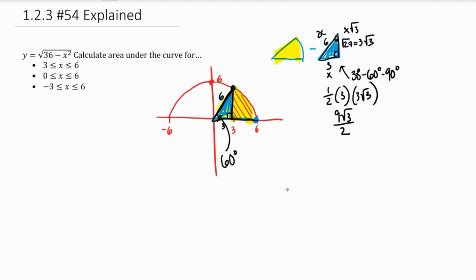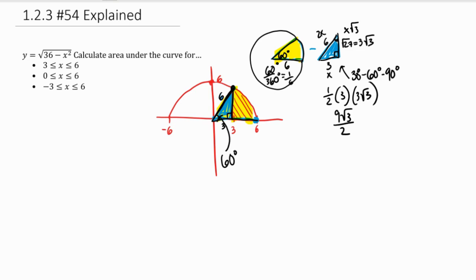Now, the area of the slice of pie, as I like to say, so that's 60 degrees. The radius is 6. So think of this like it's a ratio. It's part of a circle. How much of the circle is it? Well, 60 degrees out of 360 is 1/6 of my circle.